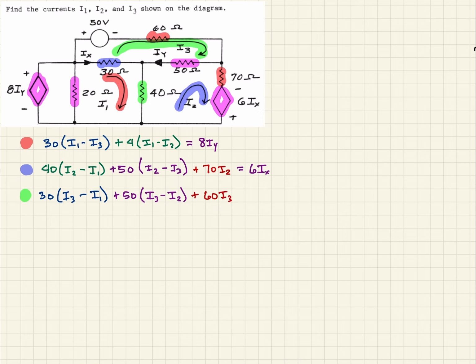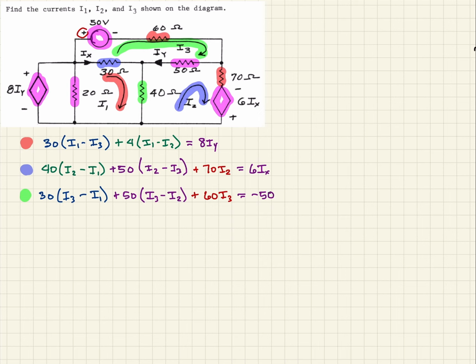And so again, we have the voltage source. This time the voltage source, because of where the positive sign is, we can see it's working against our current. So that's this 50 volt source here. We see it's working against us. So then that's going to be a negative 50. So here's our three equations.